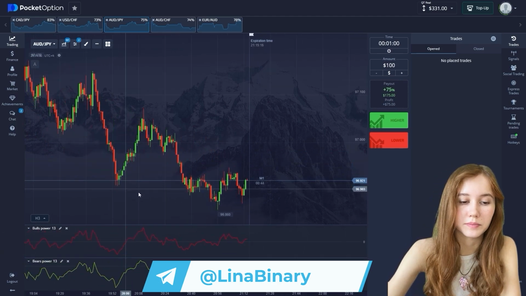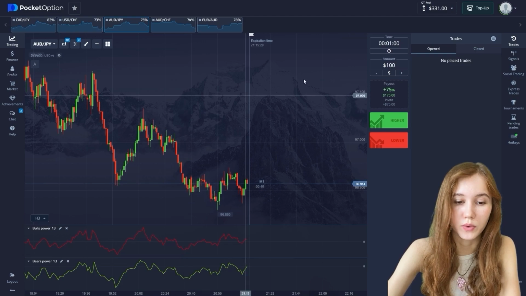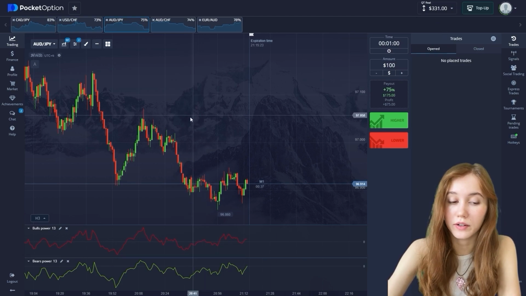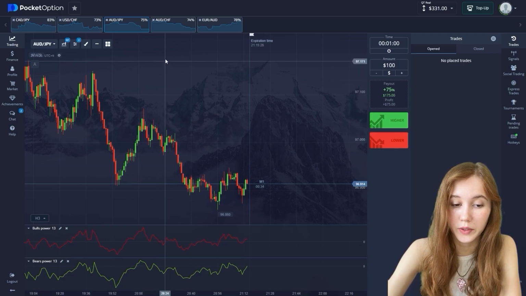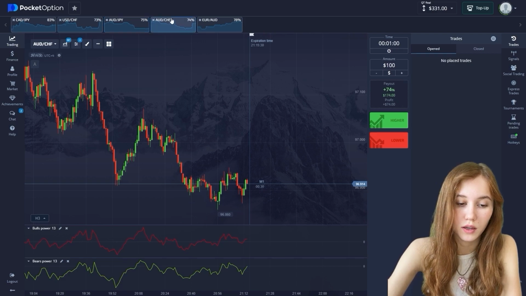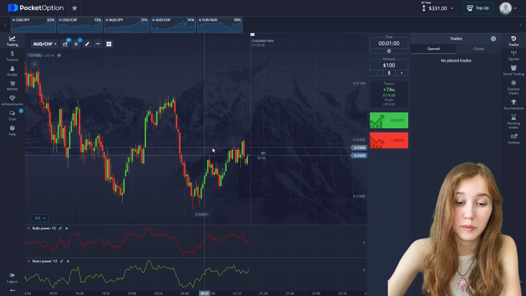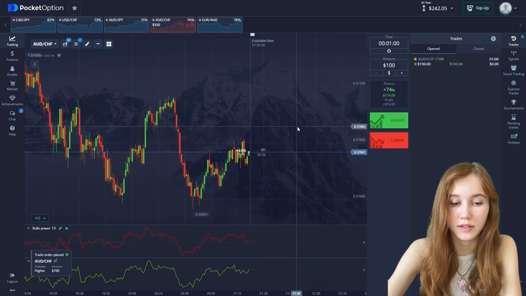Plus deal. Plus deal, so our profit is $75 and our balance is $331 exactly, and we move on to the next concept, the fourth. And here we are, we open up a deal and we start our technical analysis.